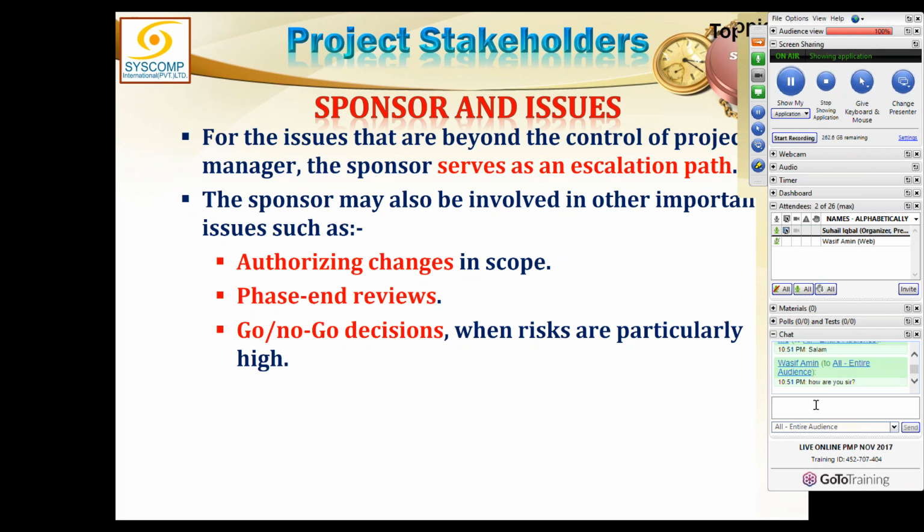Now, if the sponsor can't resolve anything, there still exists an escalation path. He may take the whole thing to the project board or even to the senior management. The project manager escalates everything up to the sponsor, and the sponsor may further escalate it to the next higher level. Did I answer your question, Mubin?